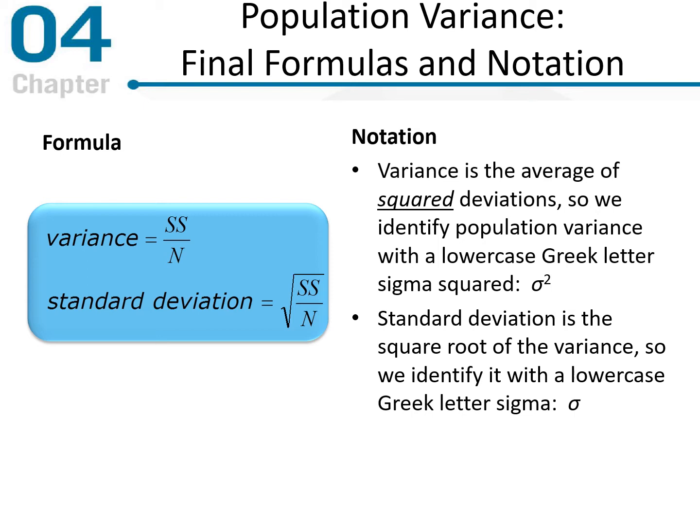You see that little circle with a little tail line on the top, sigma? That's lowercase sigma squared. That means the population variance. If you don't see the squared and you just see sigma, then it means the population standard deviation. Those are parameters because they are measuring the population, and parameters are written in Greek letters.